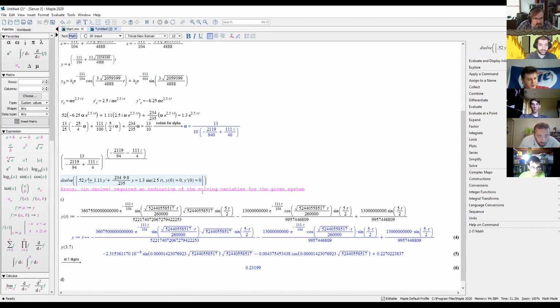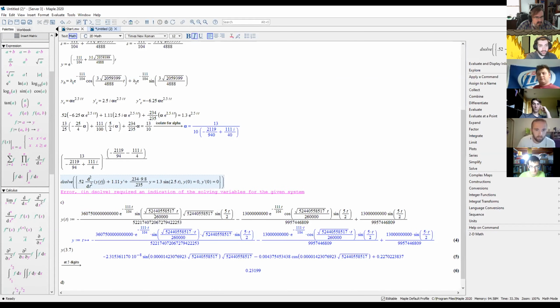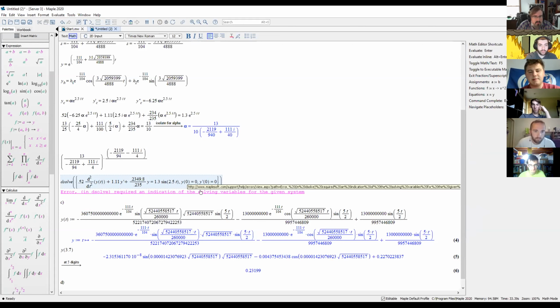So should I change these to the second derivative on that one? I don't think you necessarily need to do that. I think you need to specify that it's a multiplication between your 0.234 times 9.8 times the y. Yeah, I think that's the problem.